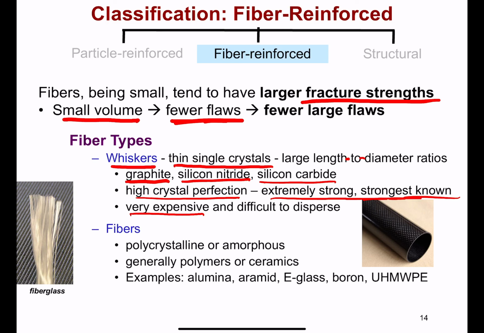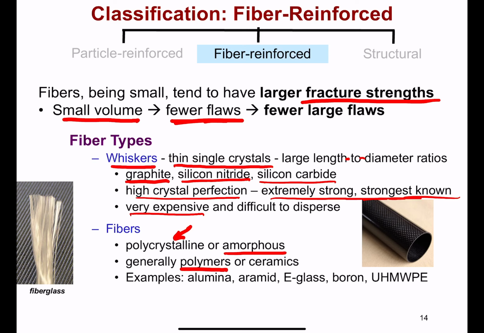Okay, and then another class of materials is the fiber. So here we have no single crystal materials this time, but we'll tend to have either polycrystalline materials or amorphous materials. So note the contrast to the whiskers that were single crystal material.